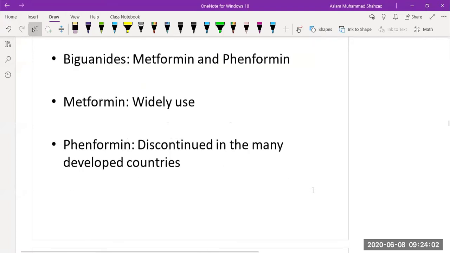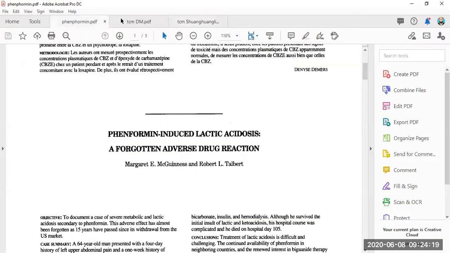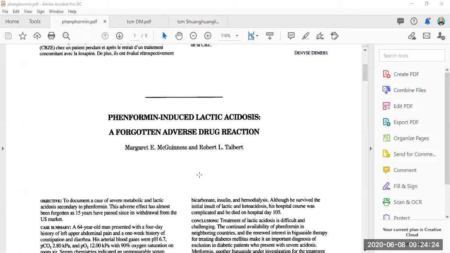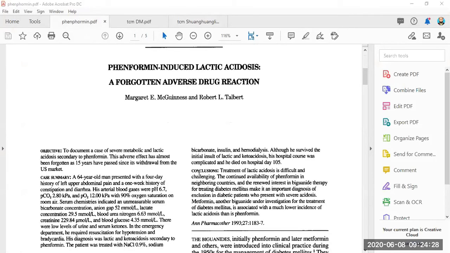These are the most commonly used drugs: metformin and phenformin. Phenformin is not used because of its toxic effects. Metformin is widely used, and I'm going to share with you an article I found online about why phenformin is not used. Phenformin-induced lactic acidosis is one of the reasons it was discontinued.